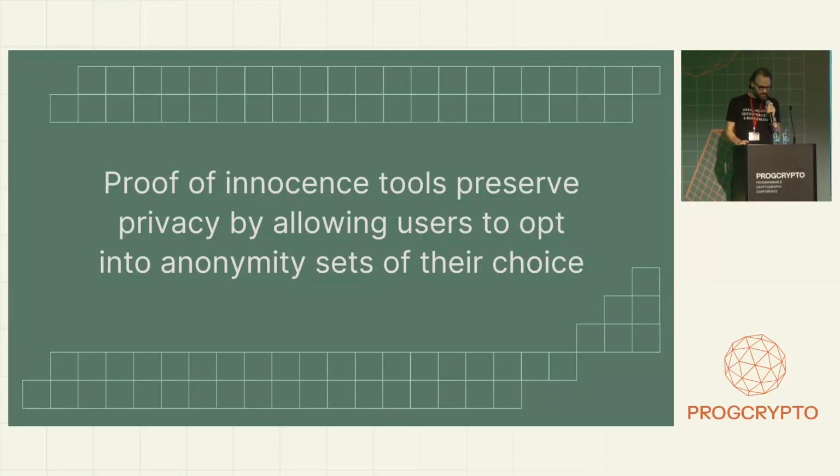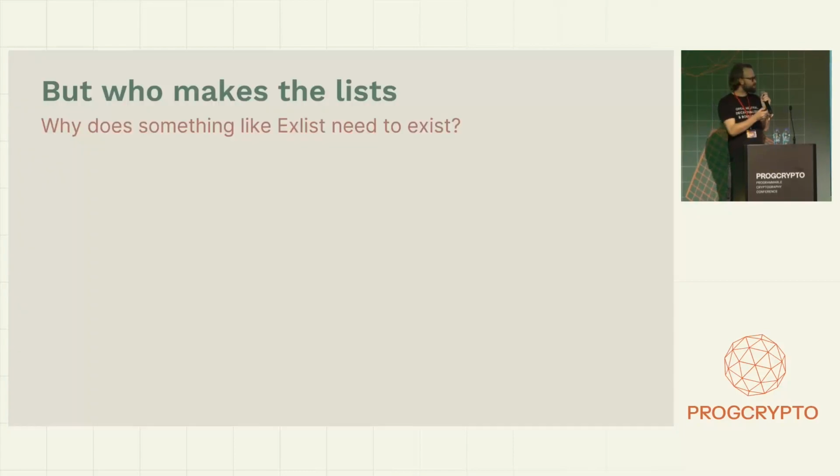So it's giving users the power to choose what their funds are associated with while they are using these privacy protocols, and then exclude unwanted users, such as hackers, and ultimately disincentivize hackers from stealing funds and then trying to put them through these tools and run away with them and do bad things such as that.